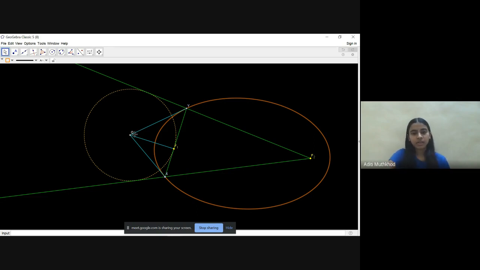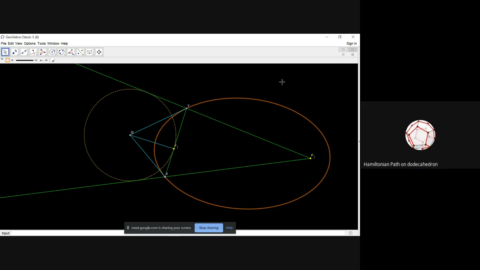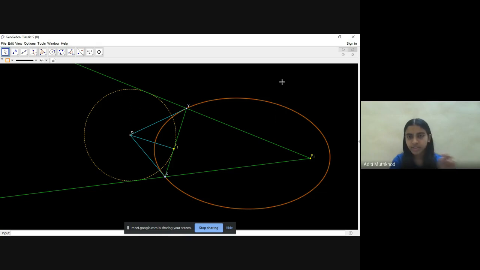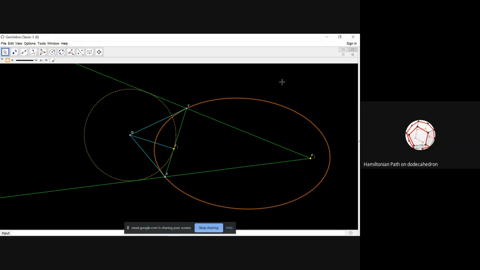And now I claim that this excircle touches the focal chord at F1. Do you see why it should be true? The perimeter of the triangle XYF2 is divided in half at F1. The two tangents from Y to the circle, YF1 and the other point, need to be equal, right?